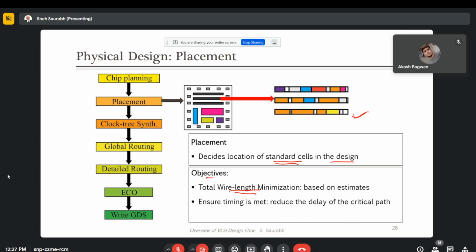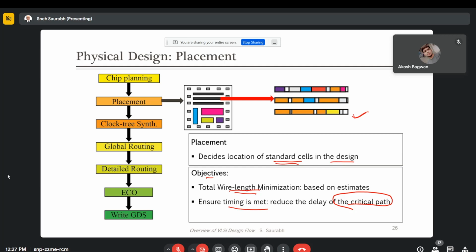During placement, the tool will also try to meet timing. So it will try to reduce the delay of the critical path, right? Note that typically we design synchronous circuits, right? In a synchronous circuit, the frequency is decided by the critical path, meaning the one which is the slowest path, right?